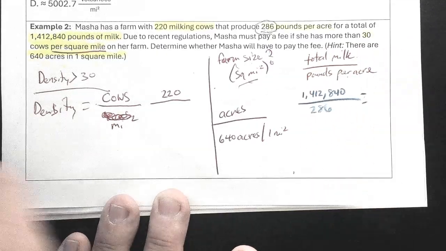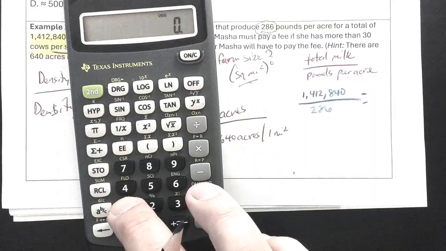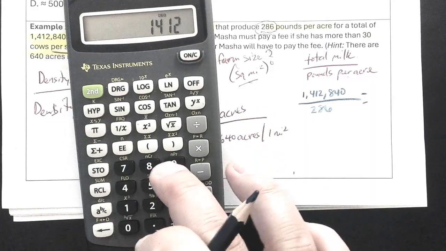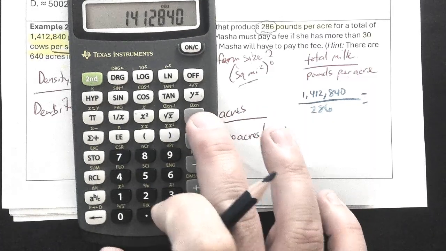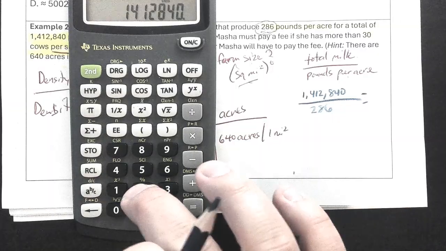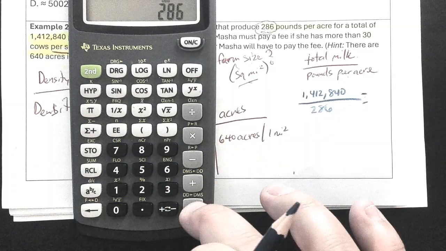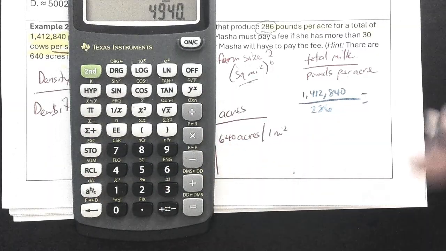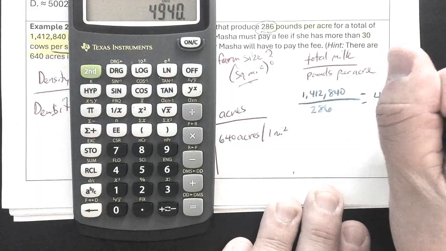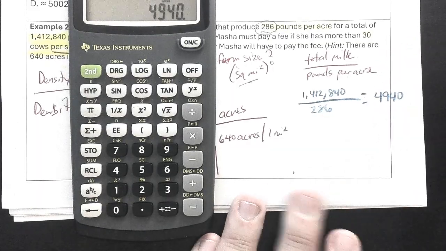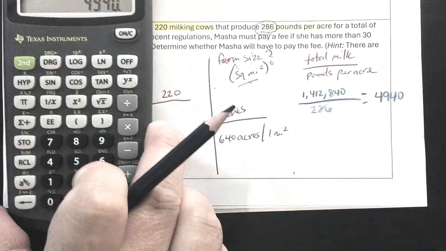Okay, so 1,412,840 divided by the 286 pounds per acre. So that tells us that her farm is 4,940 acres. All right, so let's just set this aside.